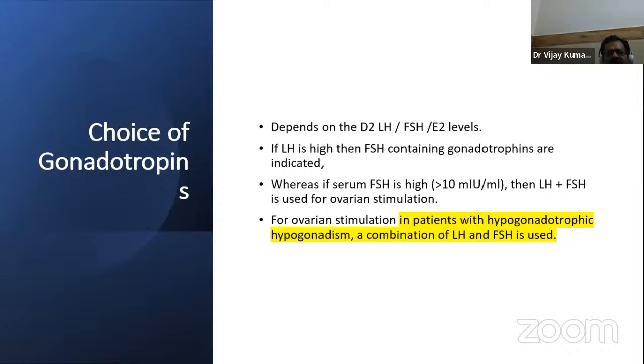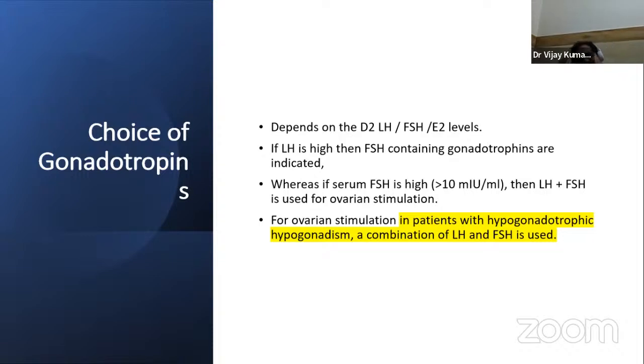So, what is the choice of gonadotropins? It depends on the FSH, LH and FSH-LH ratio done on day 2. If the LH is higher than the FSH, then we tend to use the more pure form, either only FSH or recombinant FSH instead of HMG.